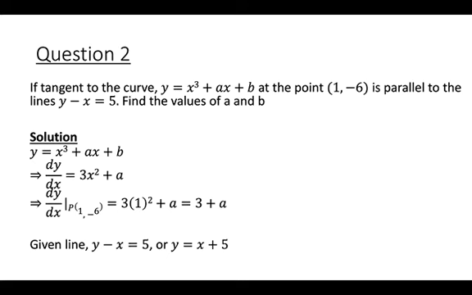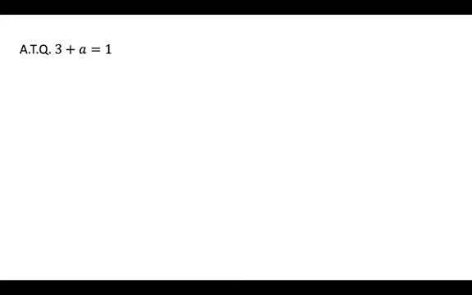And the given equation of the line is y equal to x plus 5. And we know equation of line is y equal to mx plus c. So, slope of the given line is m, that is 1. Since tangent is parallel to this line, so slopes are equal. According to question, 3 plus a equal to 1 or a equal to minus 2.